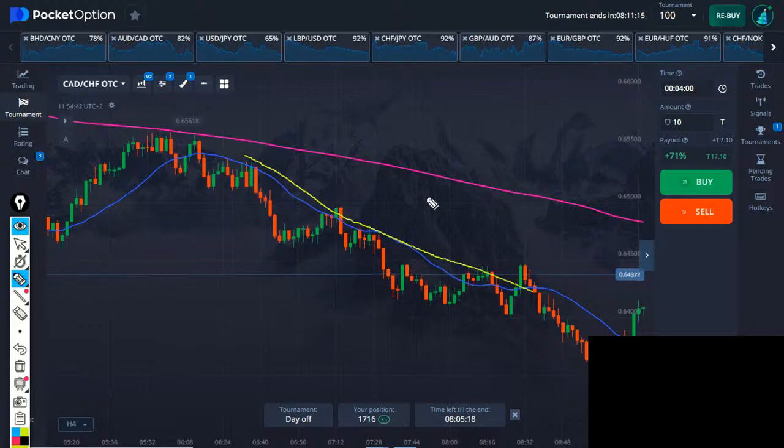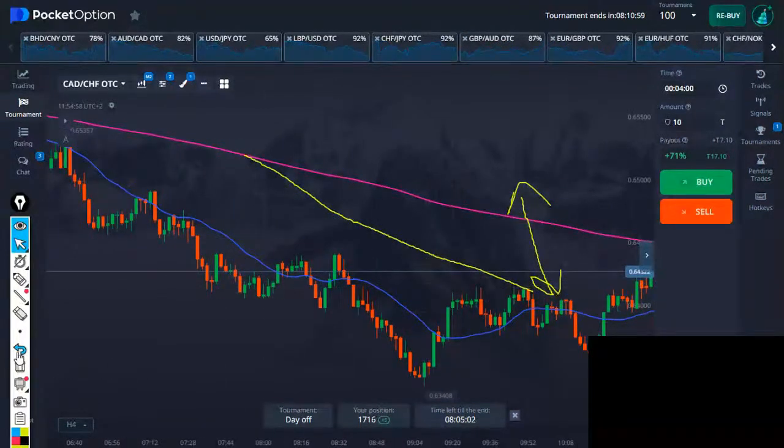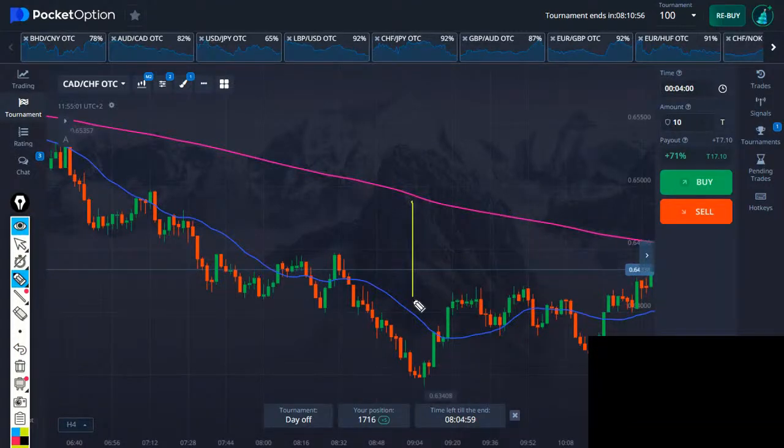So here you can see that the distance between the 200 SMA and 20 SMA is becoming wide. So what you see here is what we call a wide state.